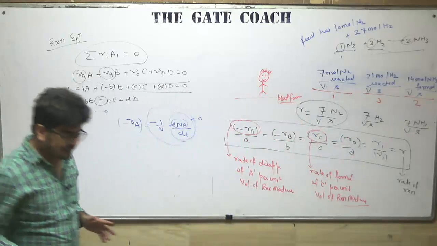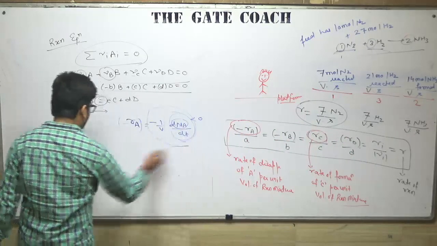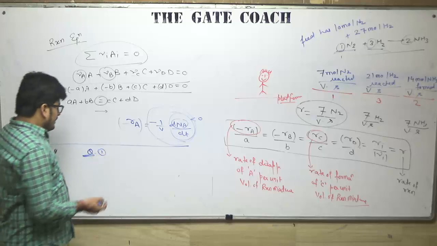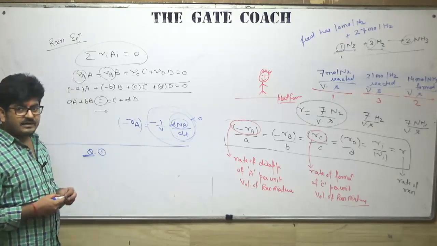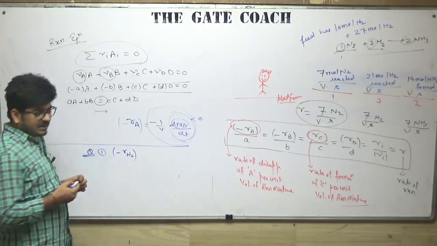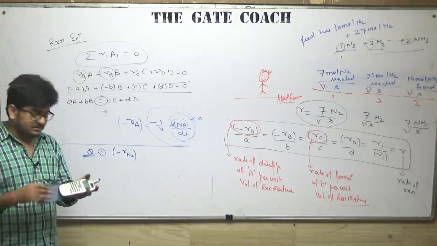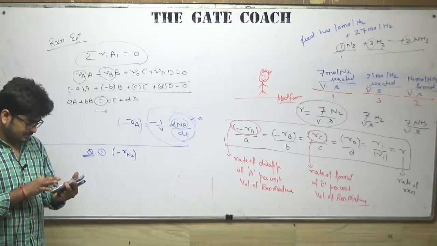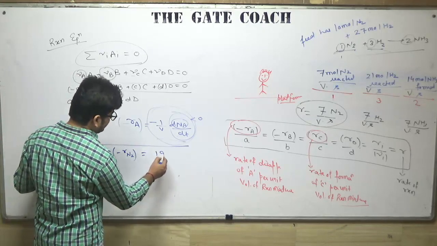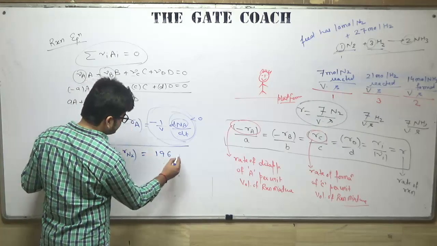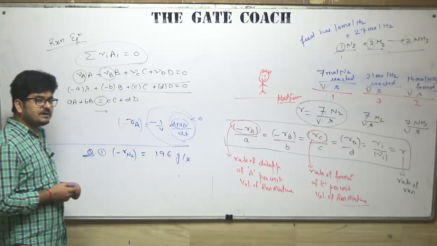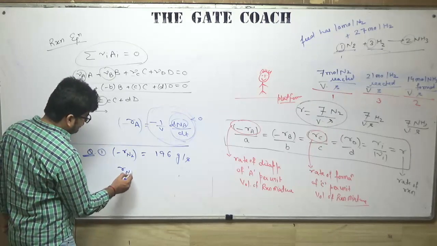So guys, note down one simple numerical. The molar rate of disappearance of nitrogen is 196 gram per second.